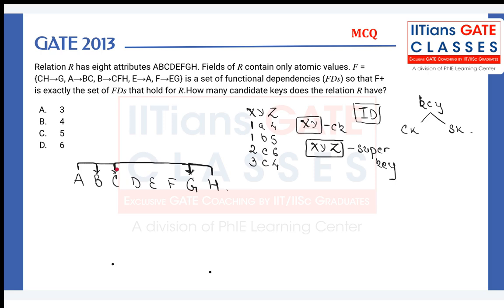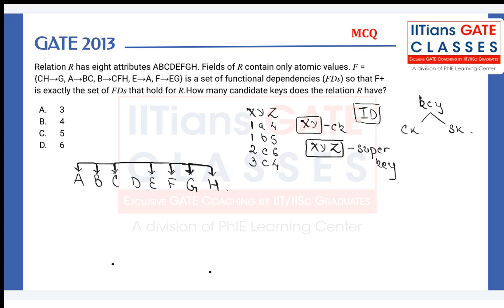So from B, I can get C. C already has an incoming arrow, so you don't have to do anything. I have F, I have H. Then it's E derives A. So I will have E derives A. A has an incoming arrow. Now F derives EG. So from F, I will have an incoming arrow to E and an incoming arrow to G.